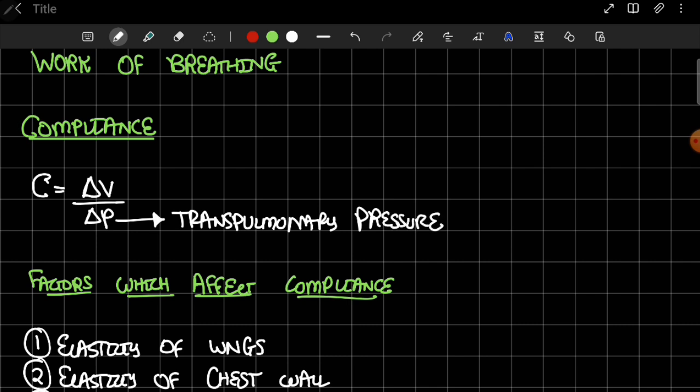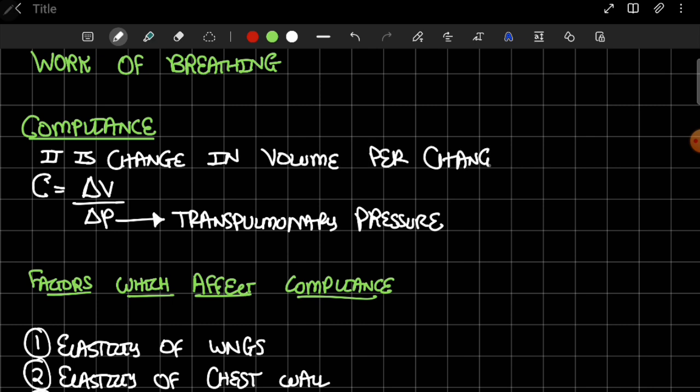So the definition of compliance is change in volume per change in transpulmonary pressure.